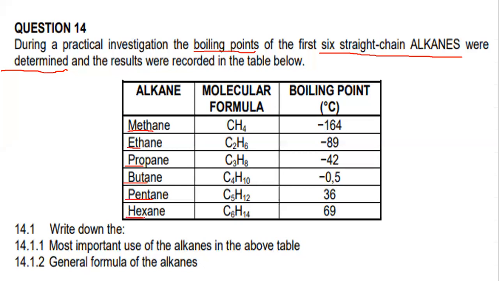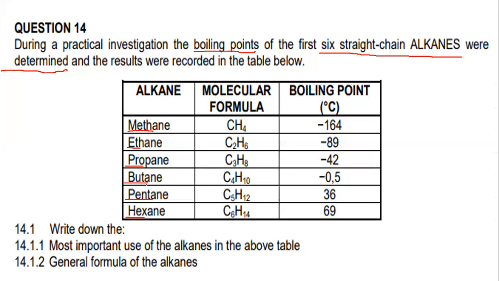Hex, it's 6. So what does that tell me when I go from methane to hexane? It tells me that the parent chain is increasing in its length. So the chain length of the parent is increasing from methane all the way up to hexane.